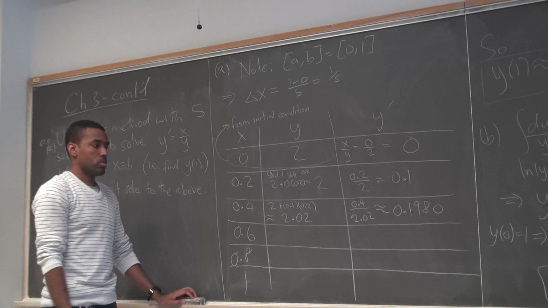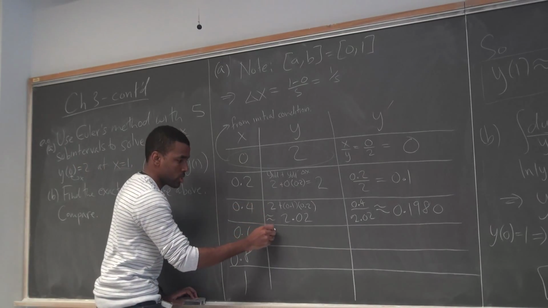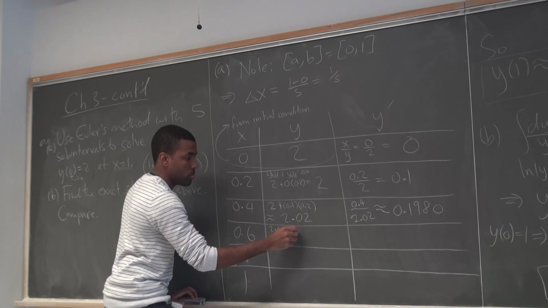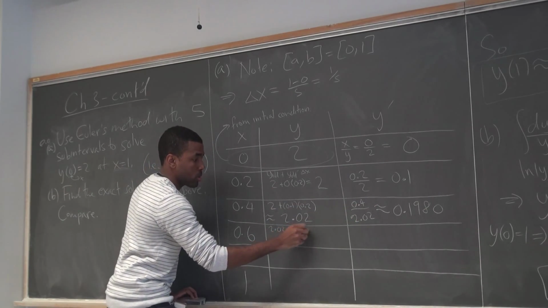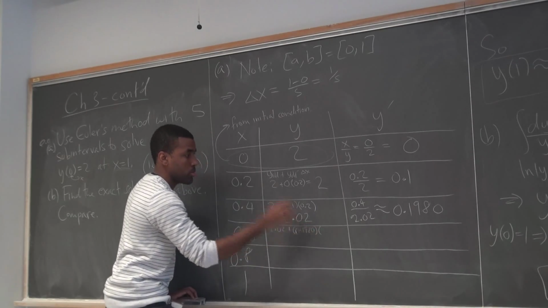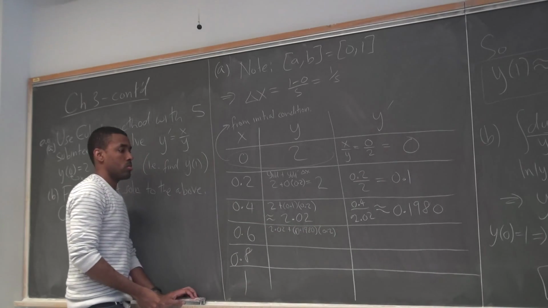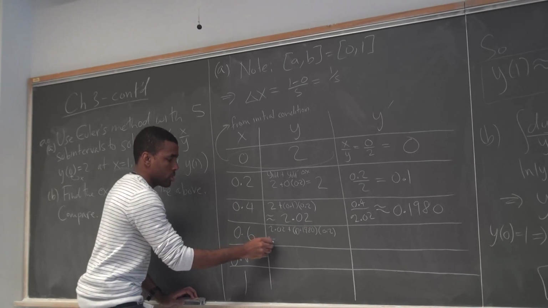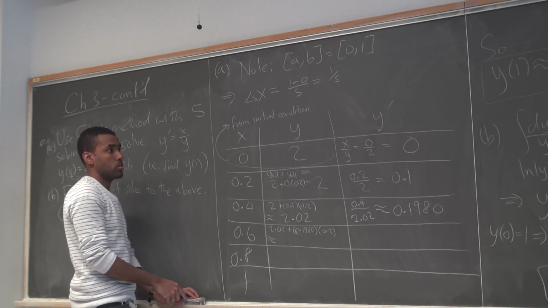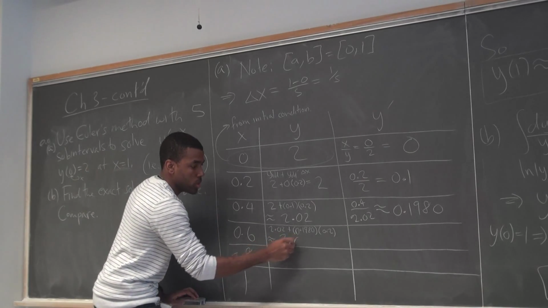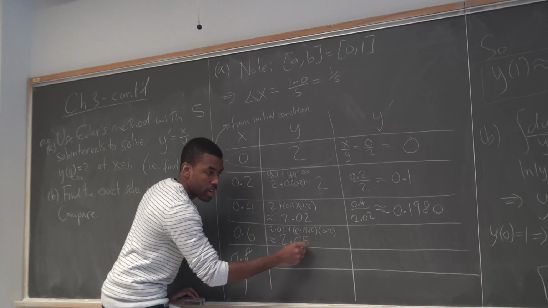Here, old y plus old y prime times my delta x. This one is 2.0596.